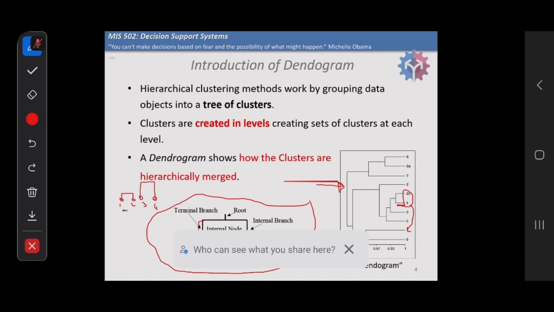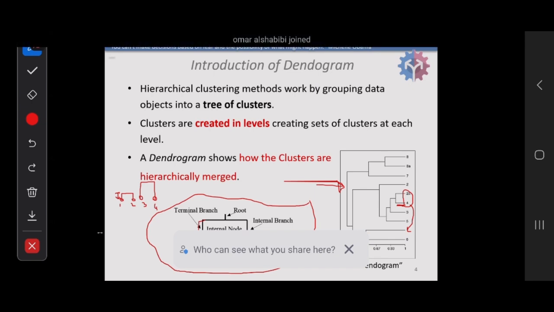Is it one and two or is it three and four? 1 and 2. Yeah, because why one and two? Because they are close to each other, and the height is also small. Yeah, that is exactly it, you need to understand height also matters.